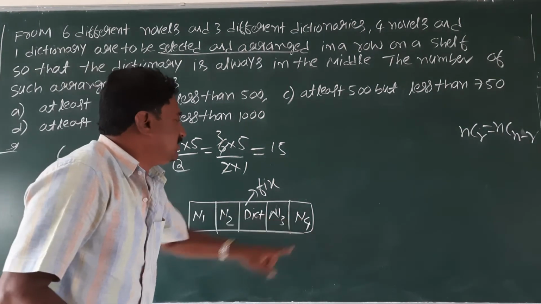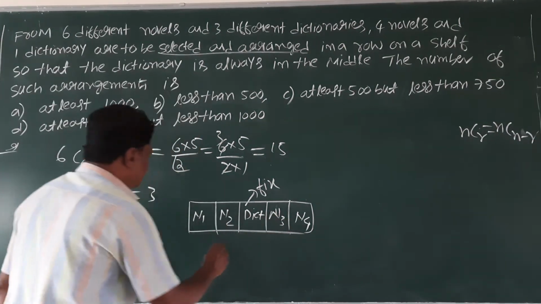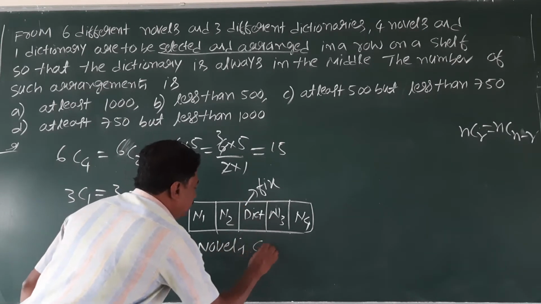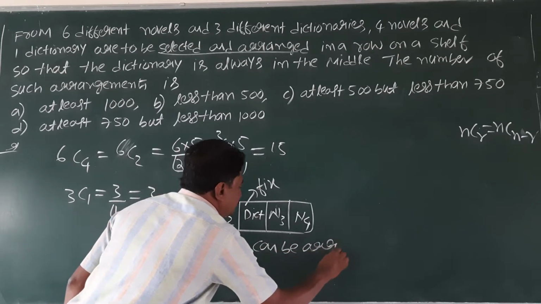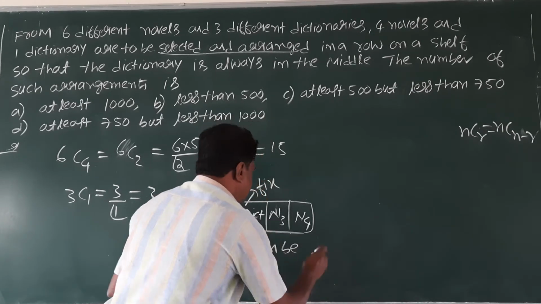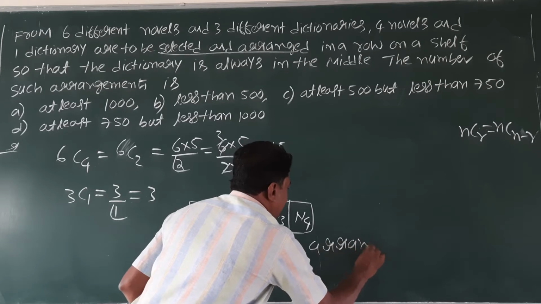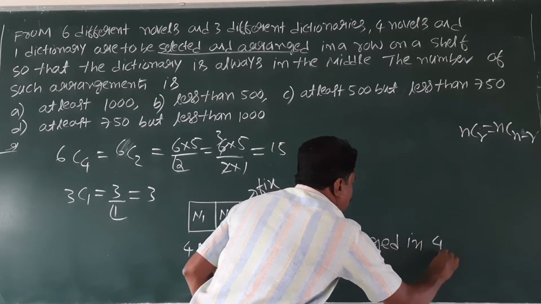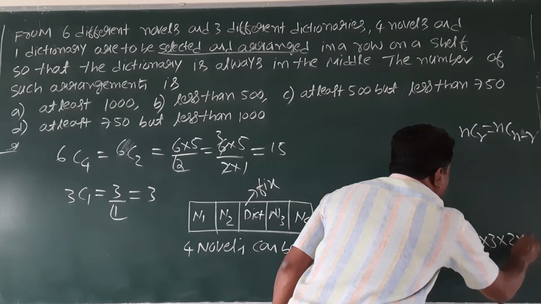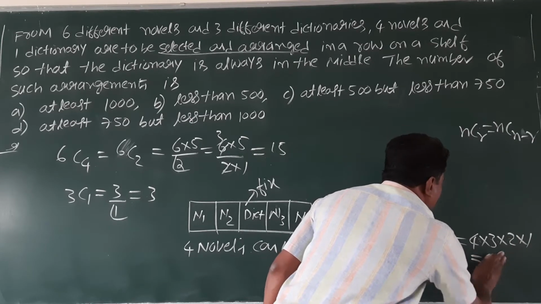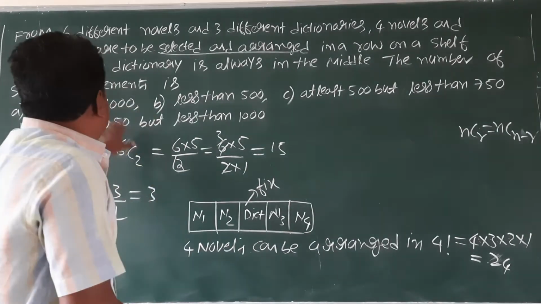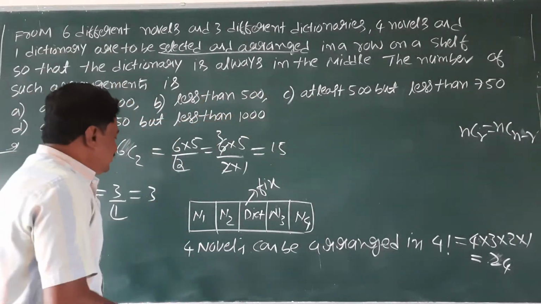So these 4 novels can be arranged in 4 factorial ways. 4 factorial means 4 into 3 into 2 into 1, which is 24. This is rough work, students. Here it is given as at least, less than, and so on.